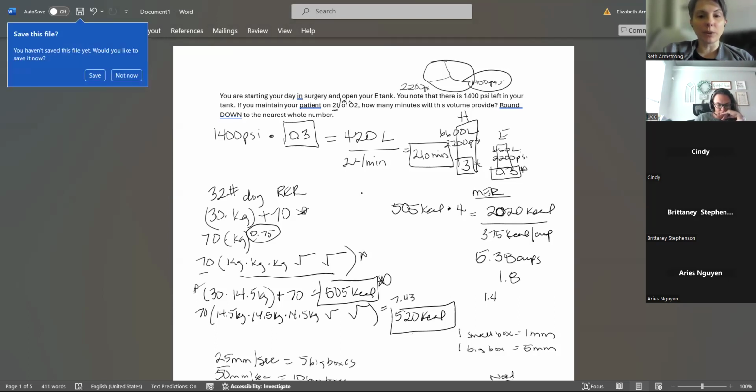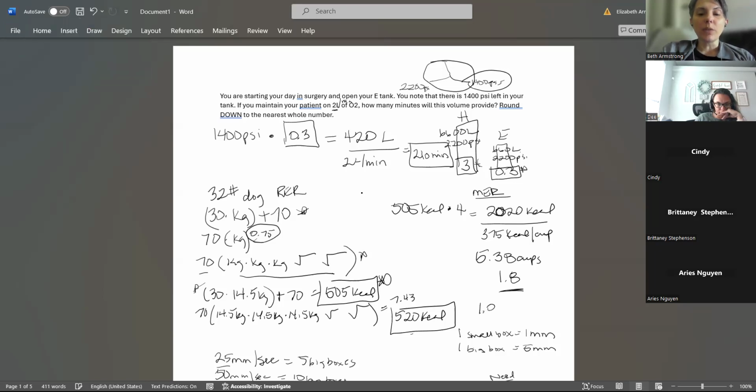So multiply by 1.4. If they still aren't losing as much weight as we want, we can always move it down. Maybe we'll move it down to 1.2 and just slowly move them down. Sometimes if they're at a little bit higher here, and then we just jump all the way to 1.0, they feel like they're being starved, and we don't want to do that either. So just keep that in mind when you're in practice.